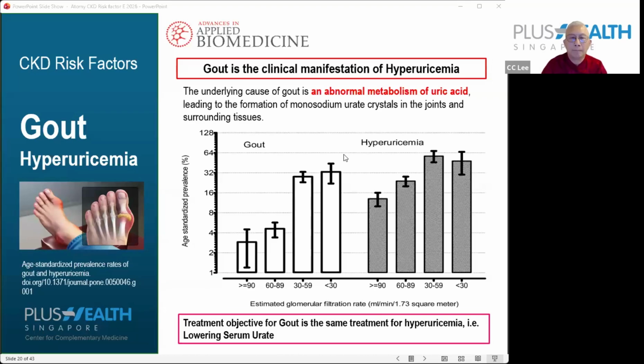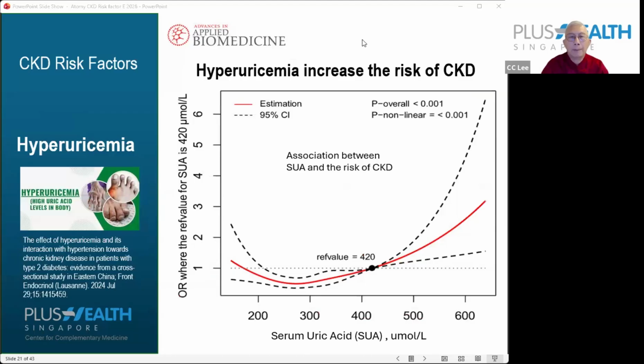for CKD. Okay, hyperuricemia increases the risk of CKD, as we mentioned already. So this is another chart showing that. Your serum uric acid at 420 is our normal uric acid value.